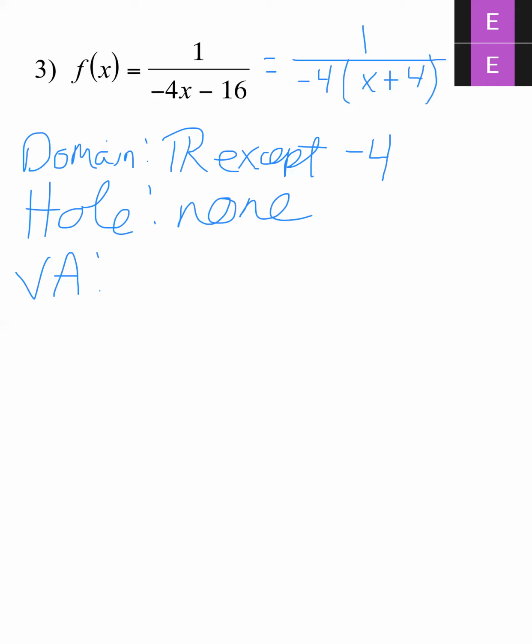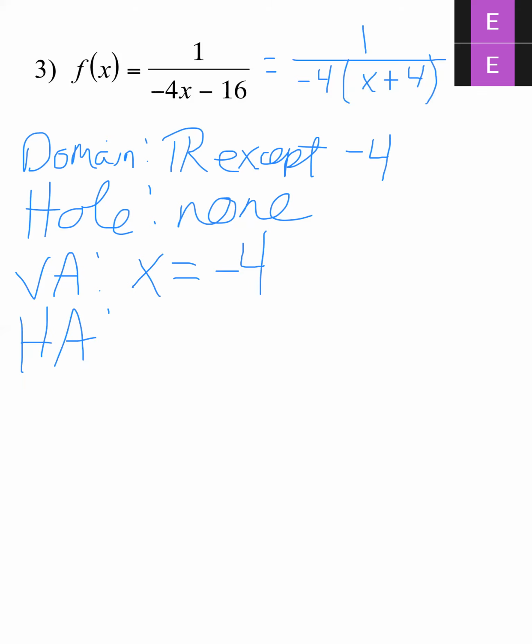Now I look at my factored version after I've canceled everything out, and again, there's nothing to cancel. So I'm going to have a vertical asymptote at any x value that makes my denominator 0. We've already said it: it's just going to be x equals -4. There's my vertical asymptote.